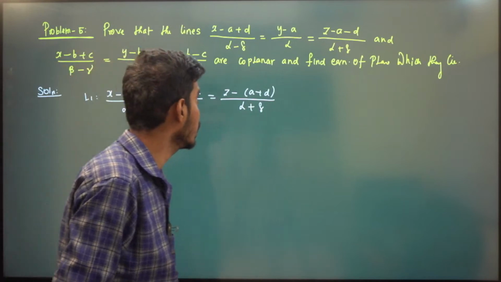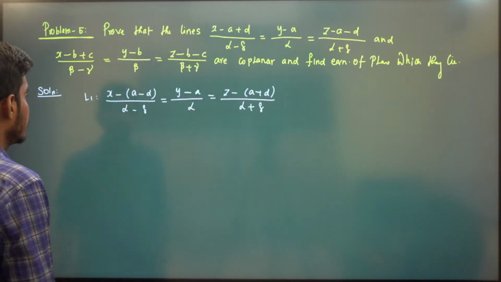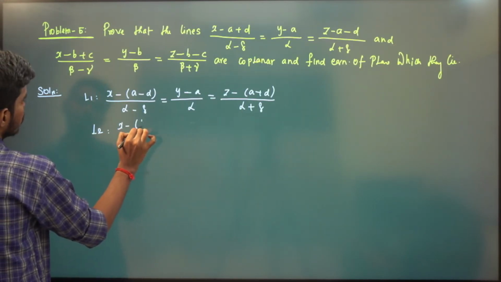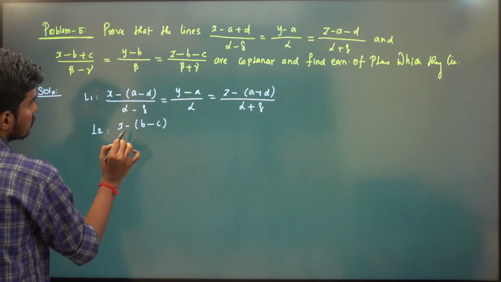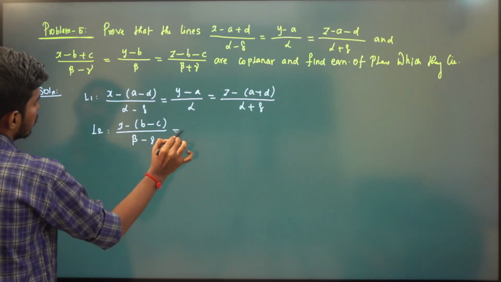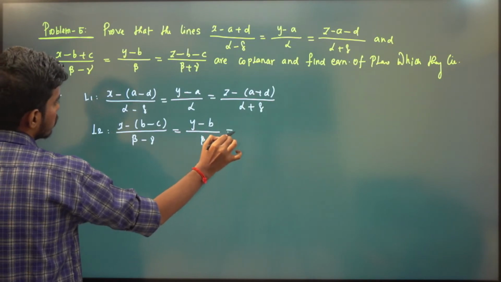Alpha minus delta, alpha plus delta. Yes, we have another line L2. Take minus outside, we will have (x minus b minus c) divided by beta minus gamma, (y minus b) by beta.